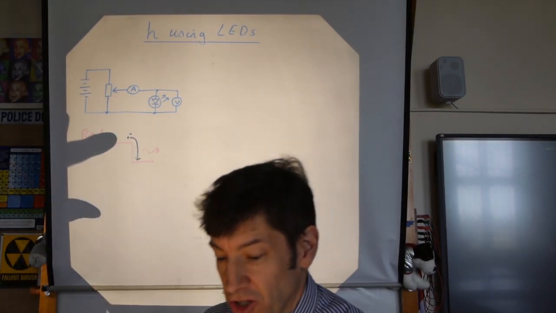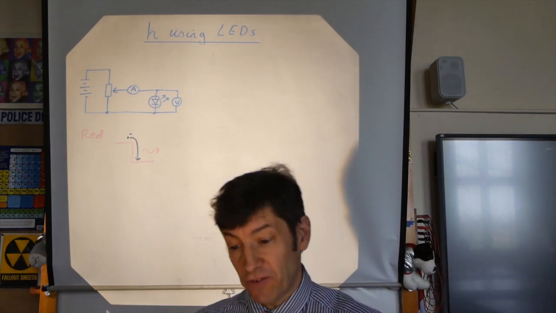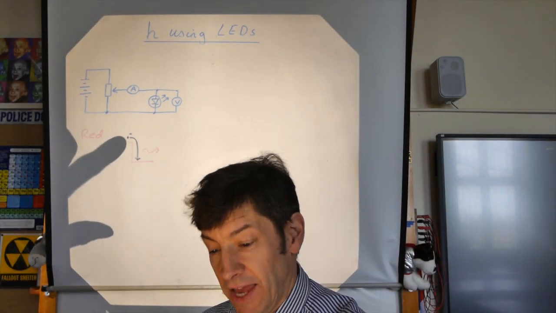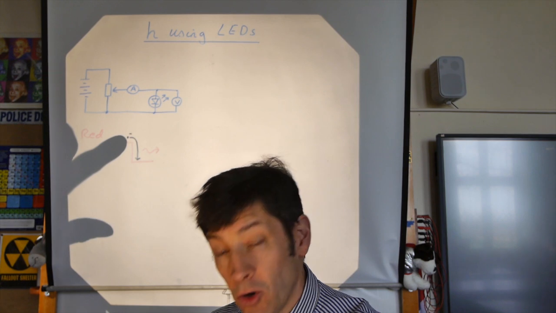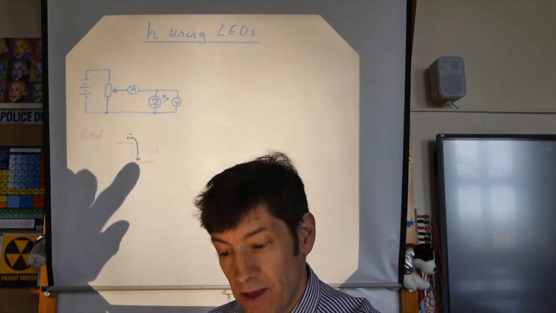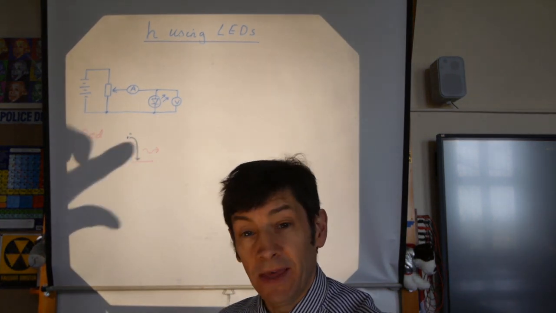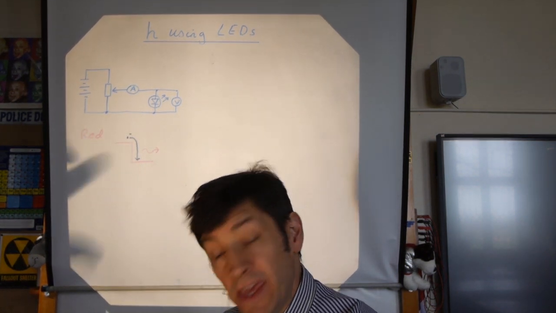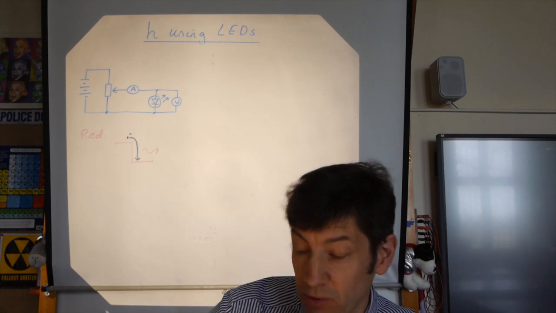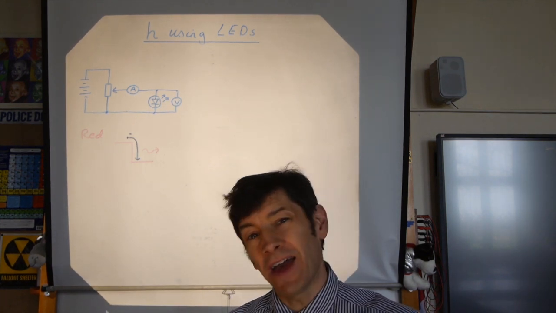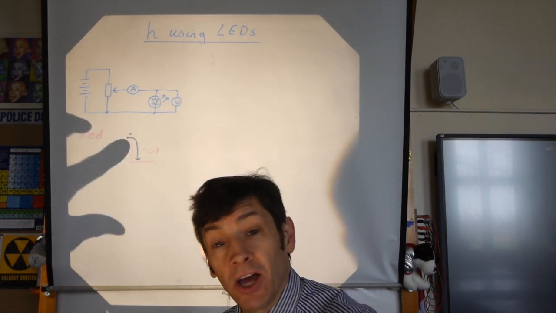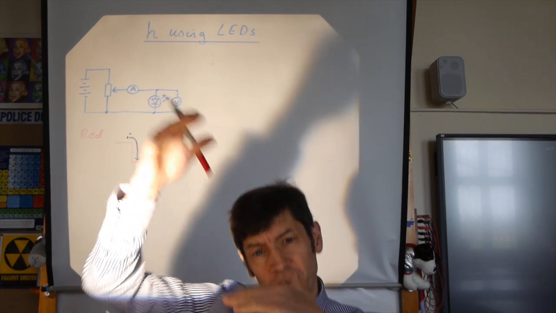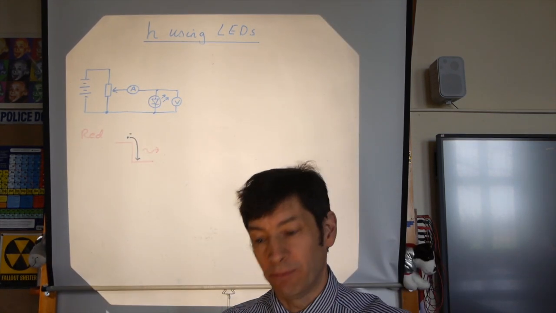Now, the junction has a particular energy difference in it, and that electron can either be up here or down here, but it can't hover in between. It has to have enough energy to fall down the potential hill, and if it doesn't have that much energy, it can't flow. Again, it's this quantum, it's either there or it's lower down process.